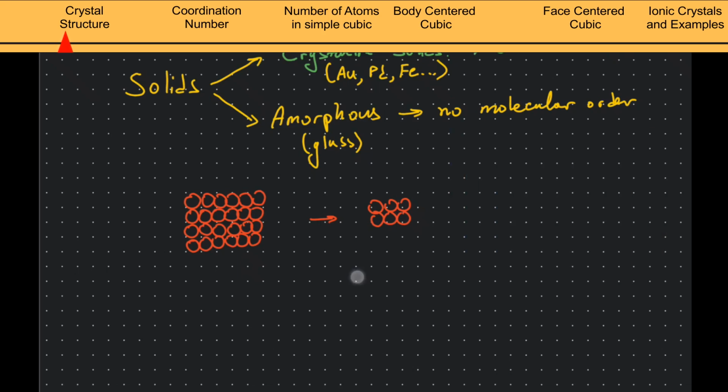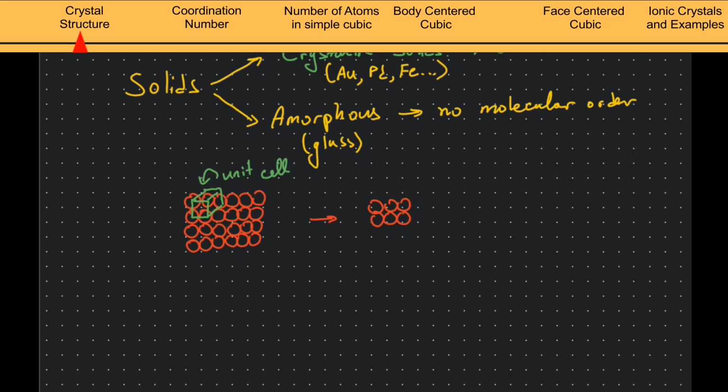And if I want to take a very small cell from this structure, something like this, and also there is one in the back, this becomes a unit cell. This is a unit cell.